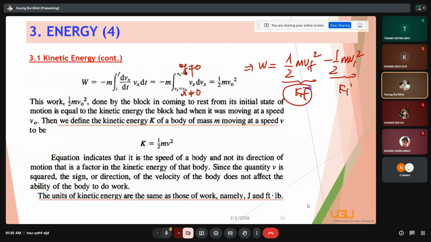So Kf means final kinetic energies, right? And Ki, initial kinetic energy. I say this one is delta K. So work now is delta K. Okay, we have the change in kinetic energies from initial position to final position.